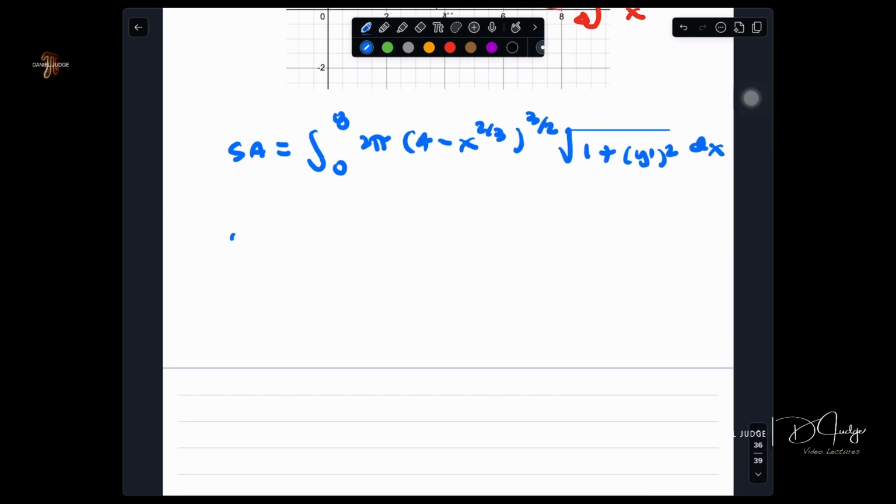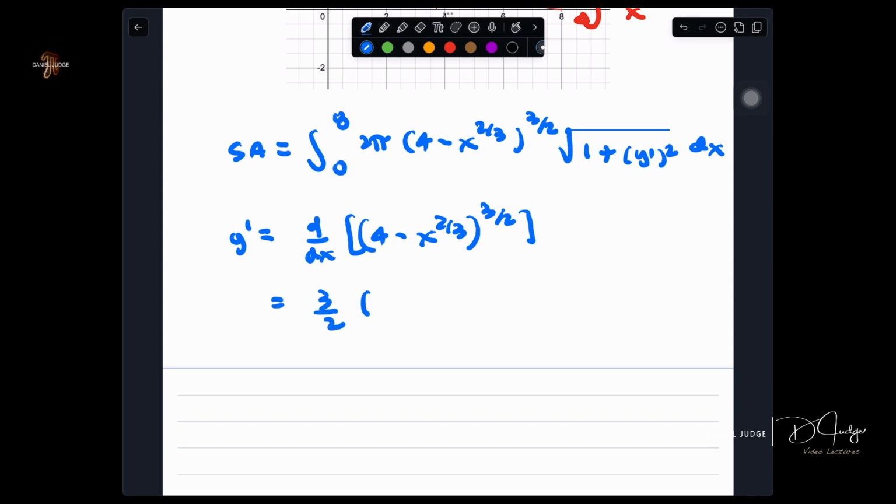Now, y prime is going to be d dx of 4 minus x to the 2/3 raised to the 3/2, which will be 3/2, 4 minus x to the 2/3, 3/2 minus 1 will give you 1/2, times the derivative of 4 minus x to the 2/3, and this is by chain rule.